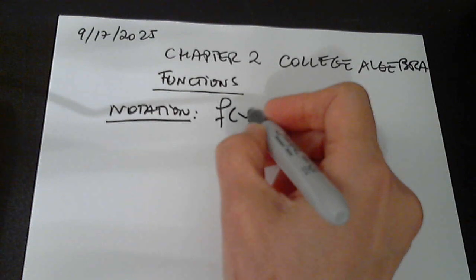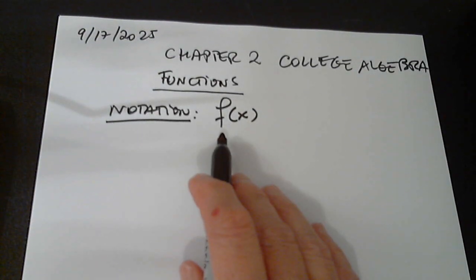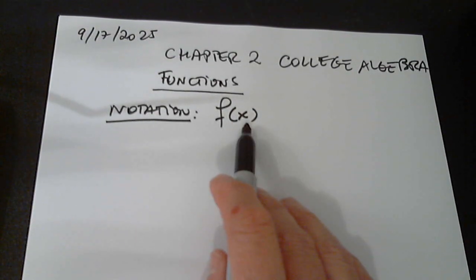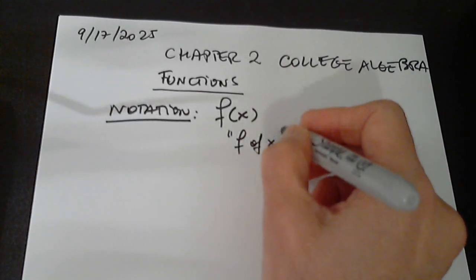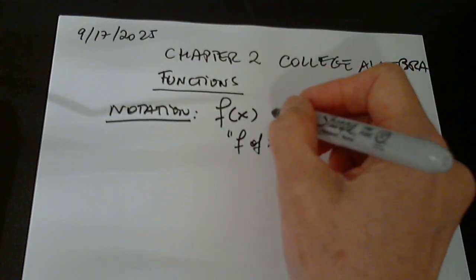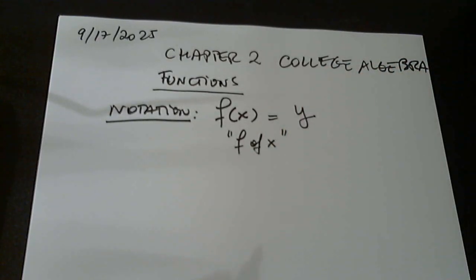is f of x. Some students I hear, they say f times x. No. So this is read f of x. And this is the same thing with the y value.